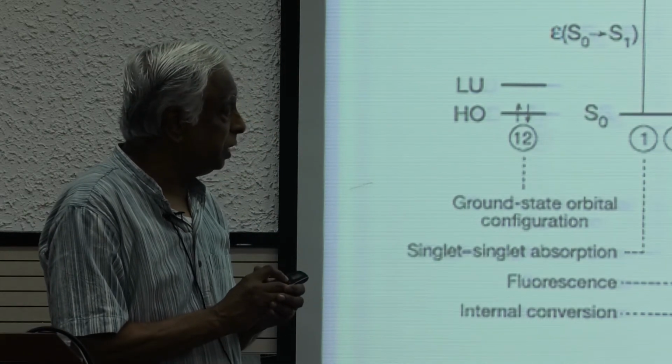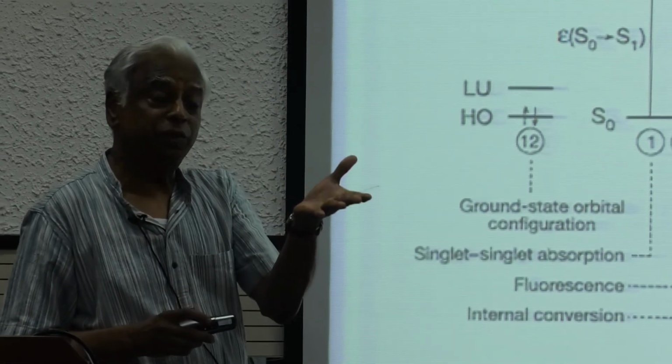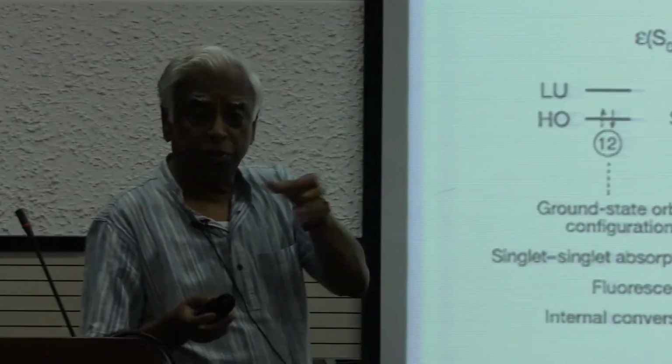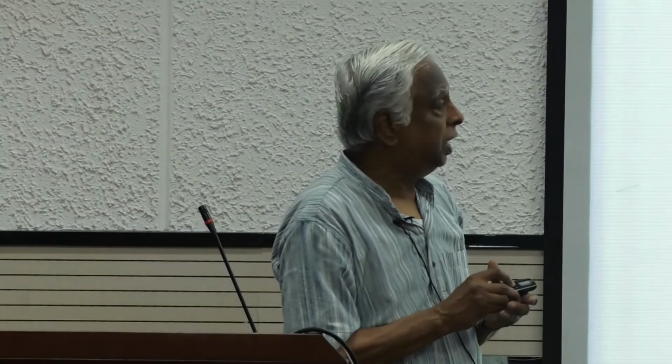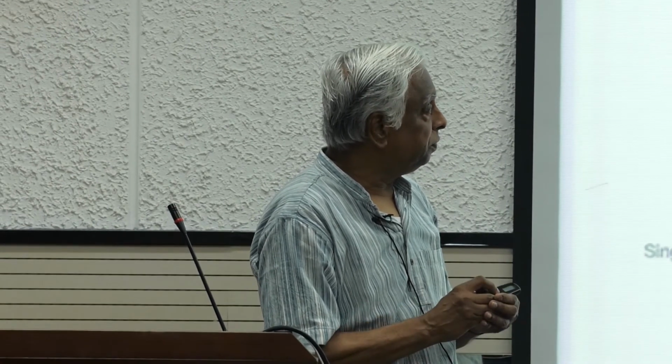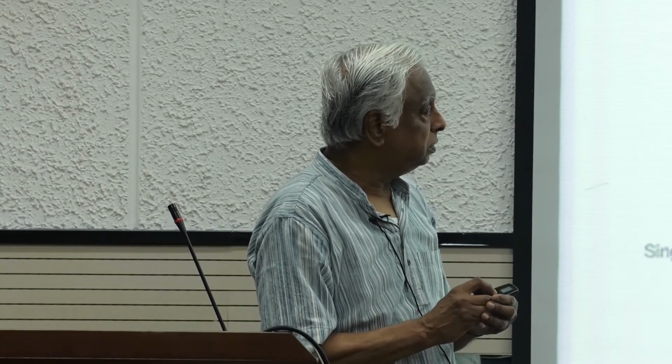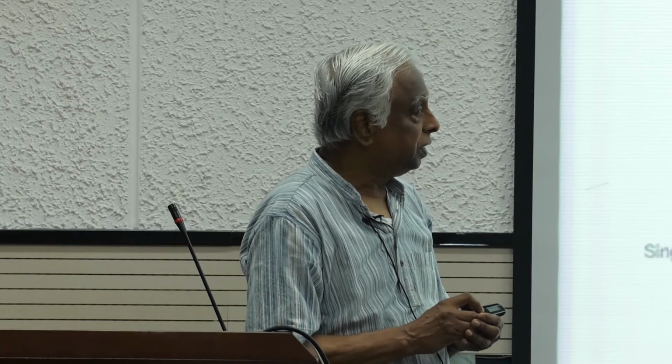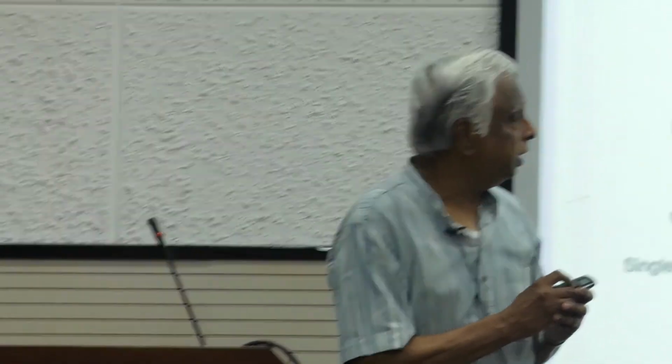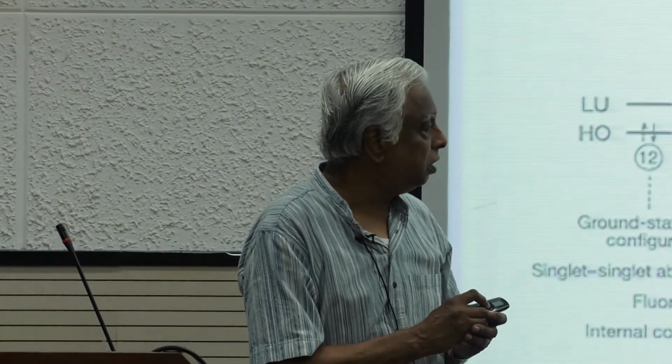And this phosphorescence is the one you can see with your eye, or the machine can see. But just like here, this molecule can come back down by this process here. That is called again internal conversion, or depending upon it, here it is going from triplet to singlet, it is called TS.